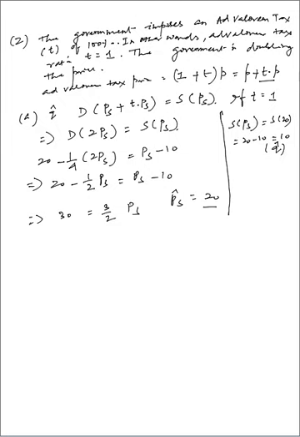So I'll quickly solve this, then we can stop over here. First is the equilibrium quantity you got, second is the price, which is 20.